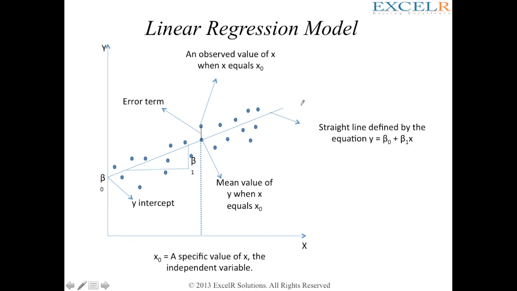It is determined based on something called the least square error or ordinary least square technique. When you draw a line like that, you drop a line from each and every data point to the line equation, and you try to find the distance between each and every point and this line.